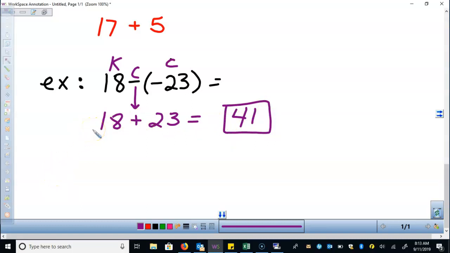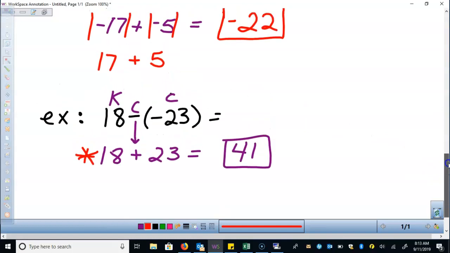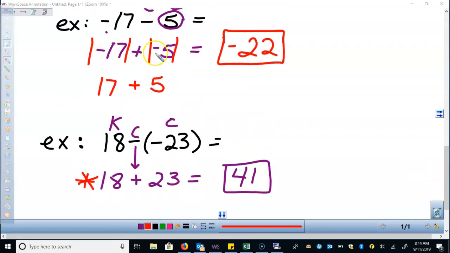Are we dealing with negative numbers right now? Okay, that's a good question though. After you keep, change, change, this is your new problem. This is what you have to do. You have to add it. Sometimes you won't have any subtraction signs left. Other times, like in this top example, you will. Okay.